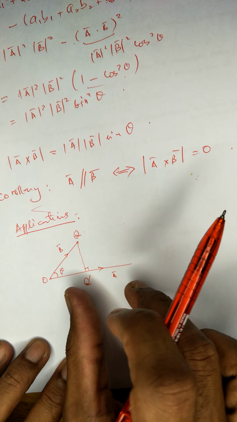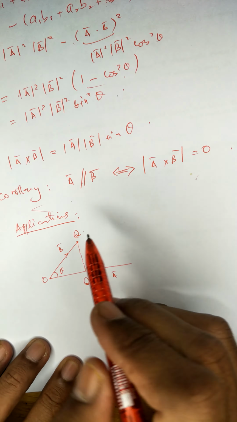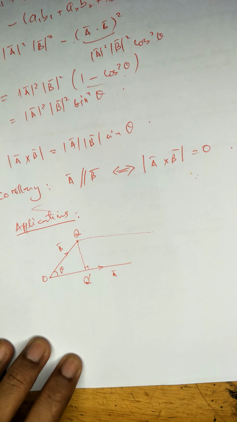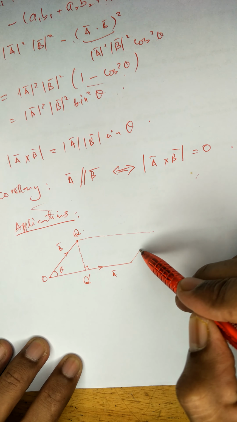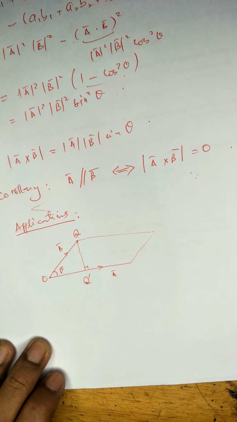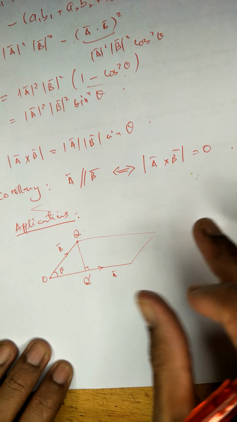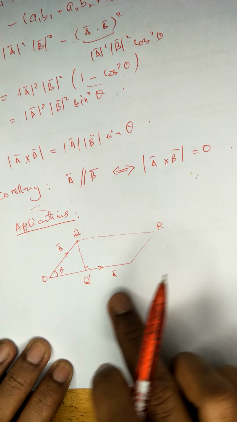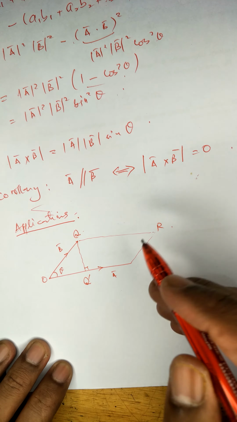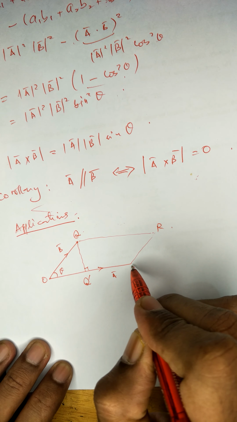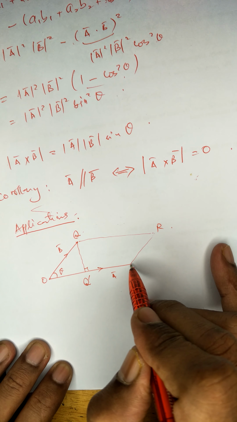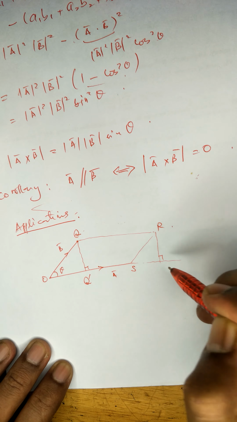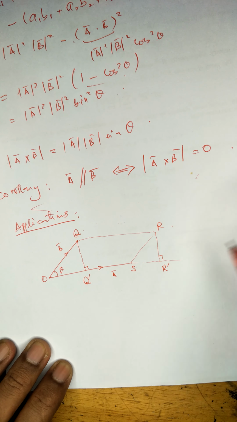Then you can move this vector to put it there, so that gives us the parallelogram. Let's call this point R, and this point S. If we project that, let's call this point R prime.